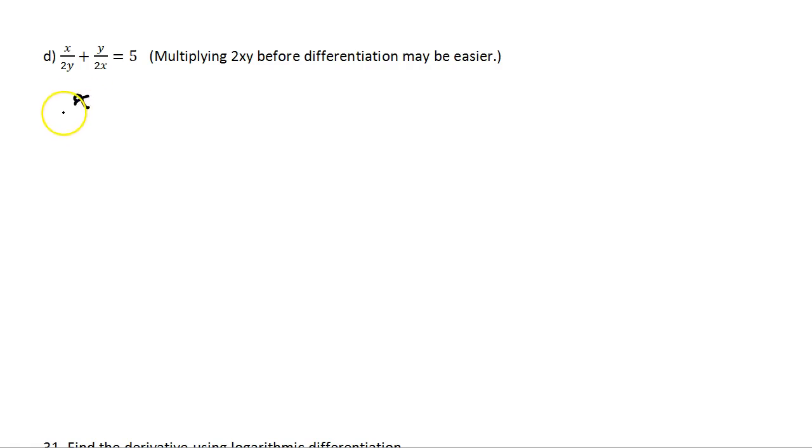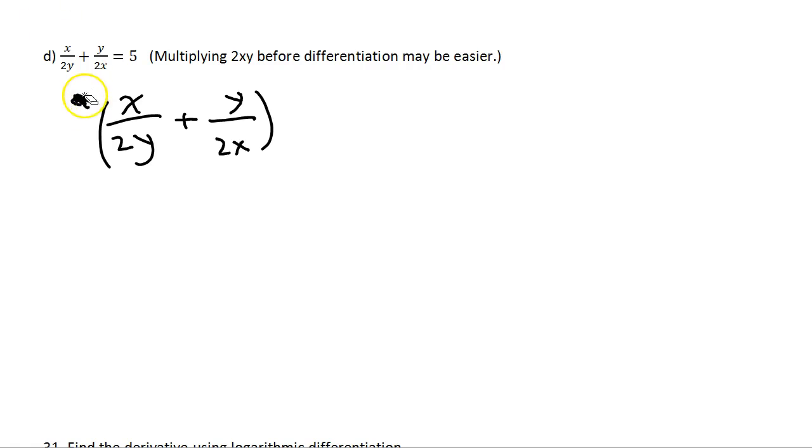Okay, so I have x over 2y plus y over 2x, and I'm going to multiply by 2xy, and also 5, and I'm going to multiply by 2xy. So I'm copying the above equation, but then I'm multiplying 2xy on both sides.